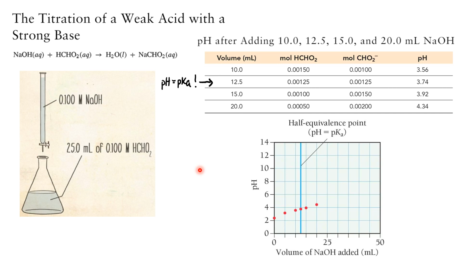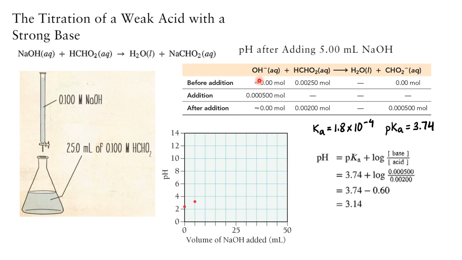And we do the math the same exact way that we did it before. We're using the Henderson-Hasselbalch equation, but obviously we need to draw that reaction table for each of these volumes like we did before, right? This one was for 5 milliliters, but you do the same thing for 10, 15, 20, right?